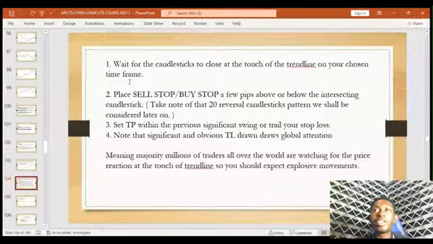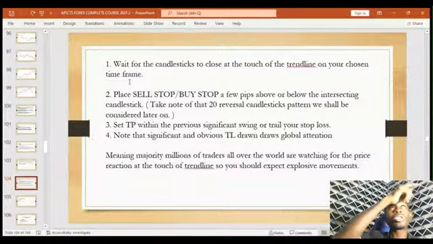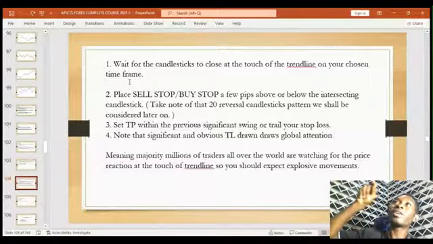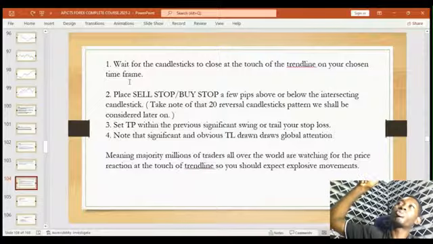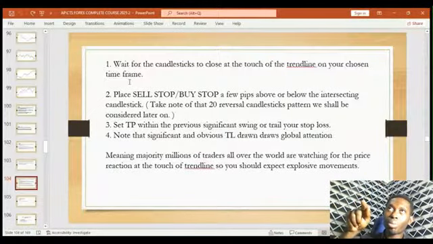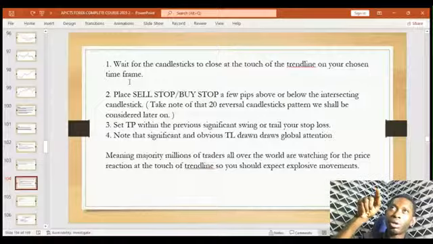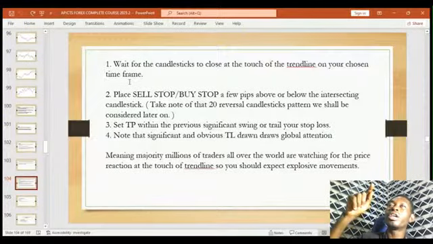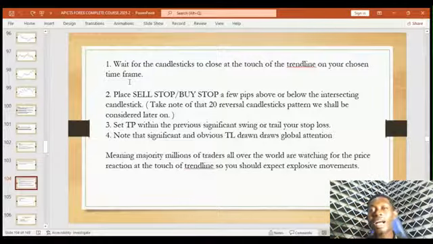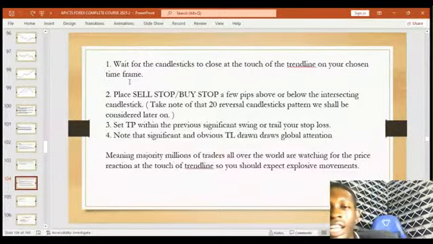If it's a buy, when a downward trend line is broken, you put a buy stop just a few pips above, or probably at the tip of the wick of the candlestick that broke the trend line to the upside. You put the buy stop there.